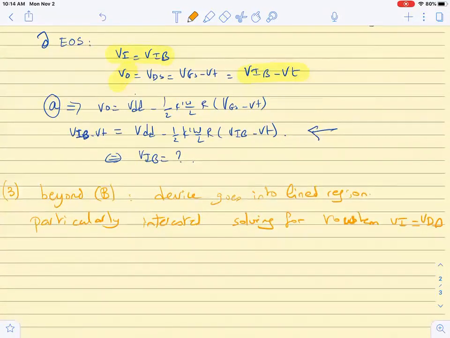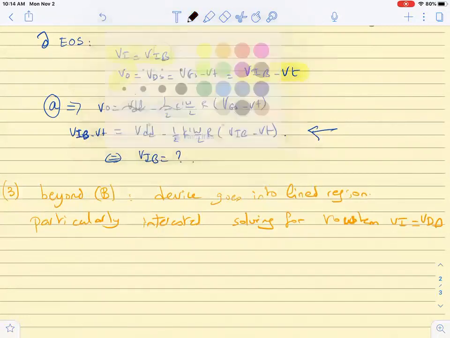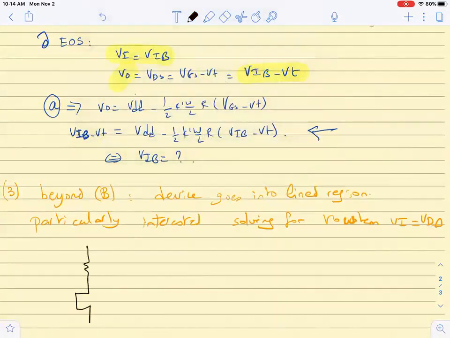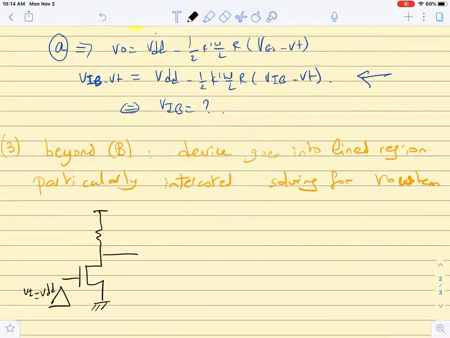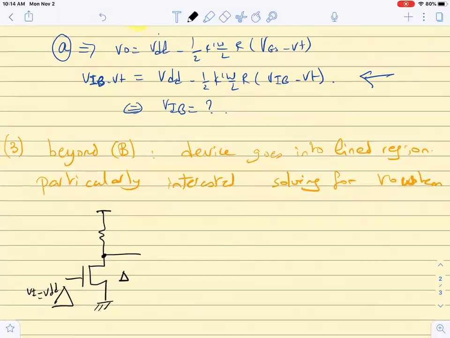So if we draw the transistor circuit again, we have now a large VGS here, which is equal to VDD at the Vn, and I am expecting a small output, because as the current increases, the output goes down the more it is pulled through the transistor. The switch is closing firmly, and I am expecting a small output.